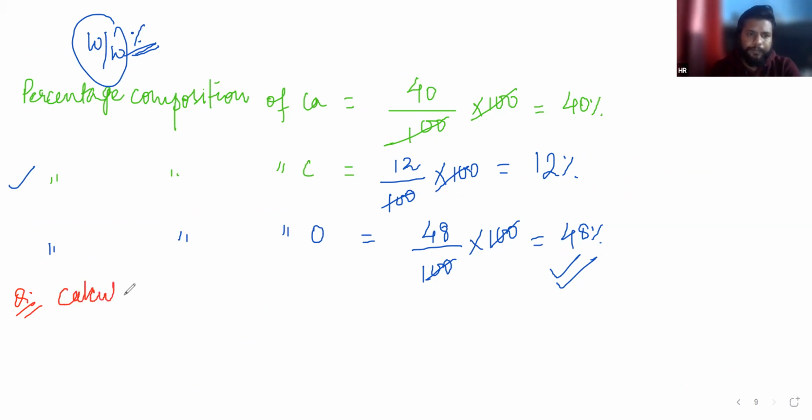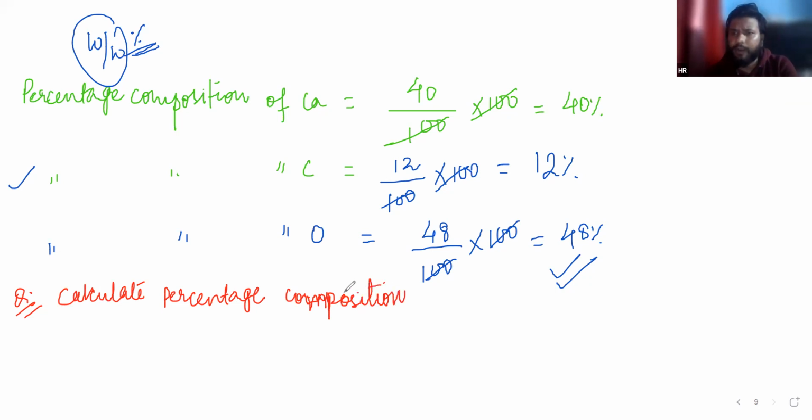You just don't need to calculate it in decimal. Fraction will be good. Calculate percentage, and it is percentage by weight composition. You have to calculate the answer in fraction, just don't do it in decimal. It will take time.